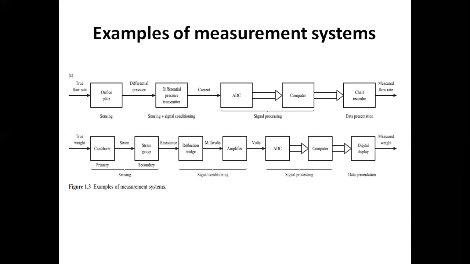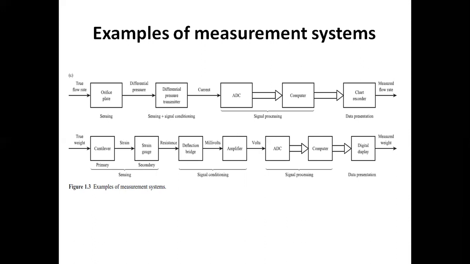And then the flow rate is recorded, displayed by the chart recorder. And the last example shown there is an example of a weight measurement system where you have the cantilever.